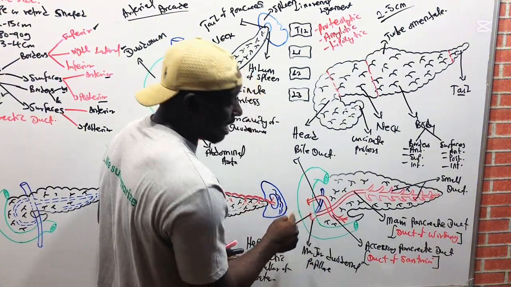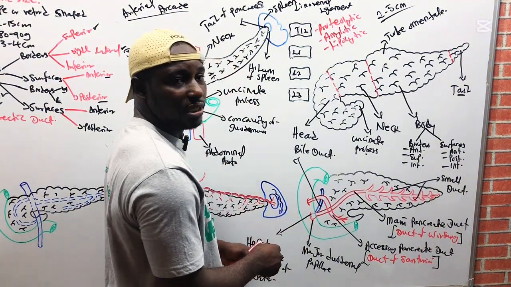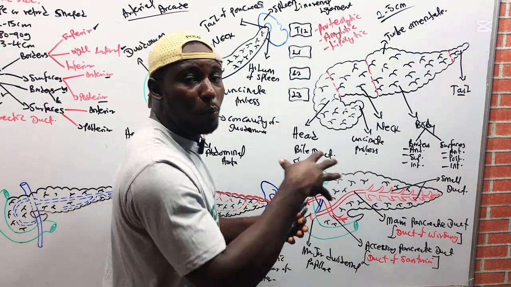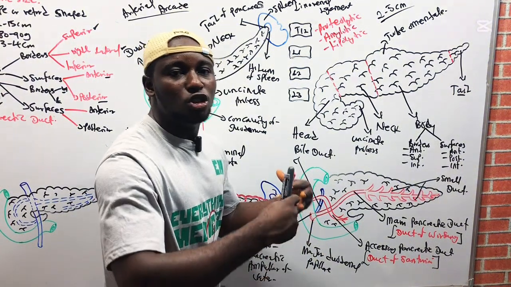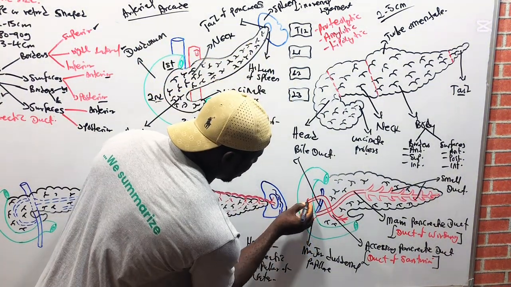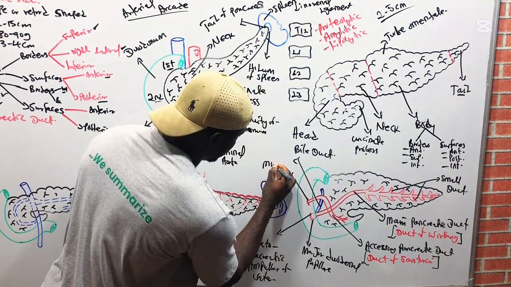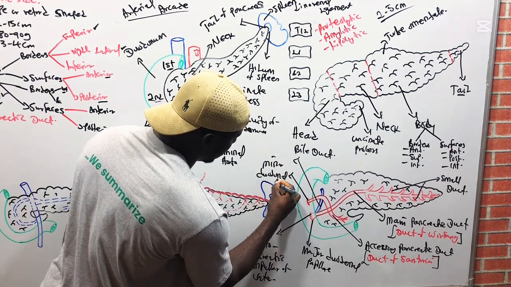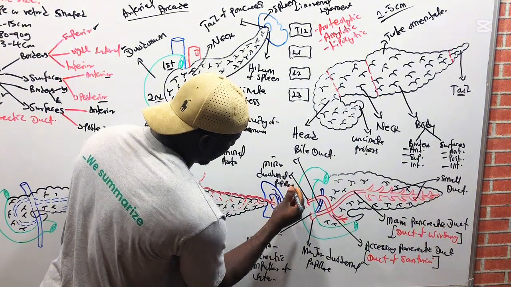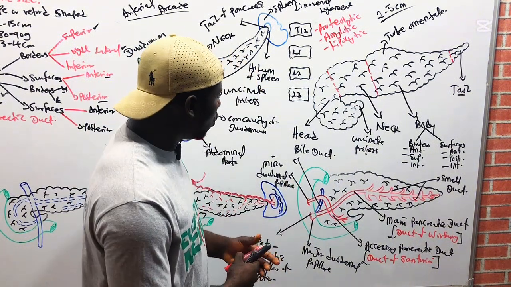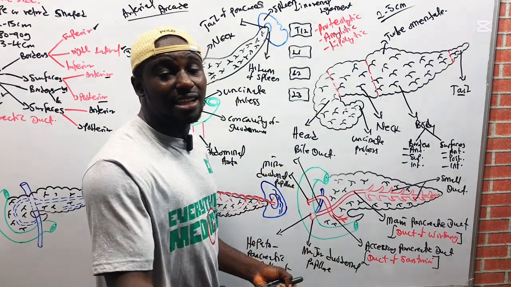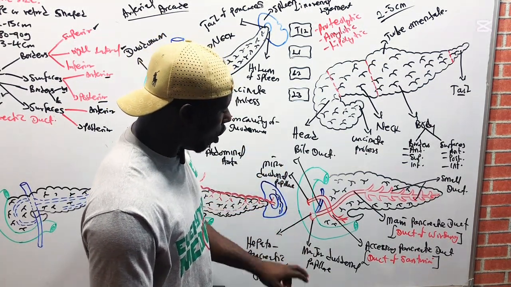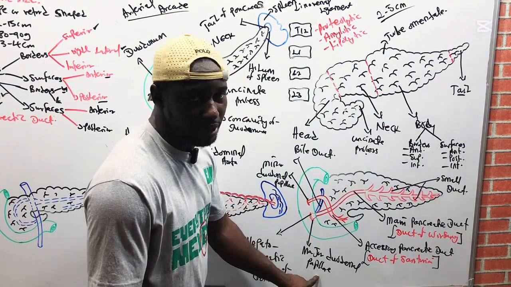The second part of the duodenum as well, where it pierces it, to open by the minor duodenal papilla. So the pancreatic secretion enters the duodenum through the minor duodenal papilla or the major duodenal papilla, right?